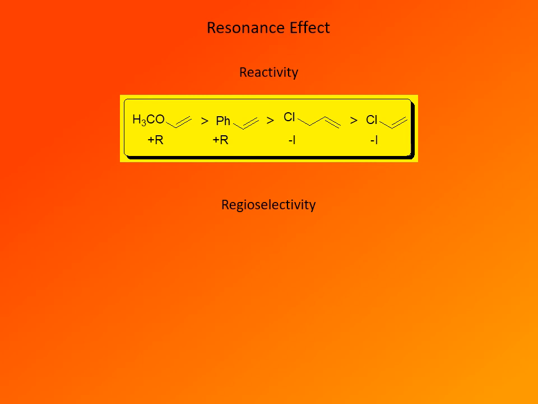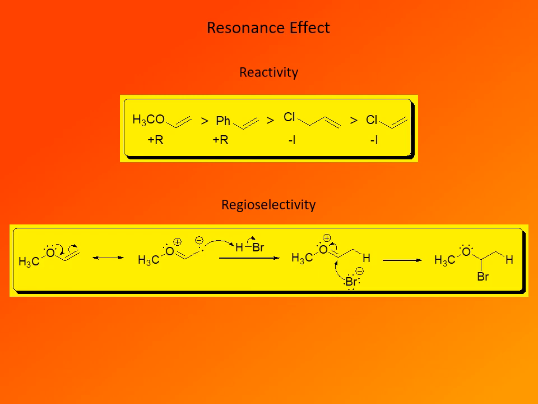Resonance effect or electron delocalization through pi bonds also affects regioselectivity, and we can see that on example of methyl vinyl ether. As we have just seen, methyl vinyl ether is very reactive, so due to resonance effect it has high reactivity, but also in reaction with an electrophile such as hydrogen bromide, regioselectivity is affected.